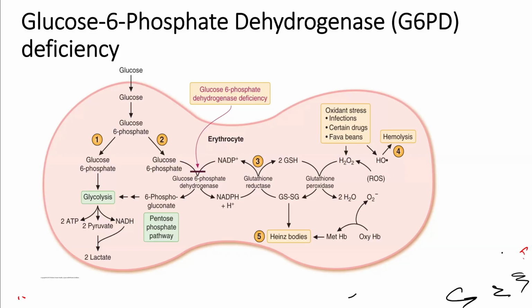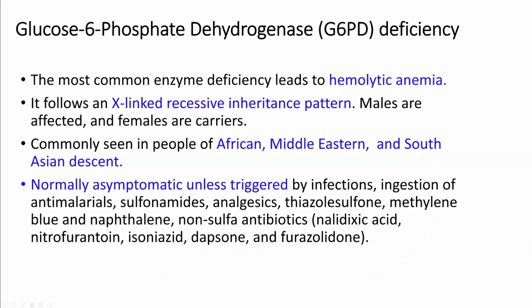Now let me take you into a little more detail on glucose-6-phosphate dehydrogenase deficiency, how to identify this in the case stem. So G6PD deficiency is the most common cause of hemolytic anemia.